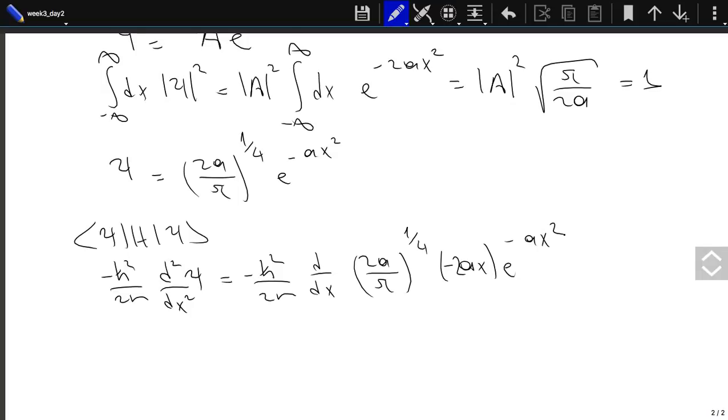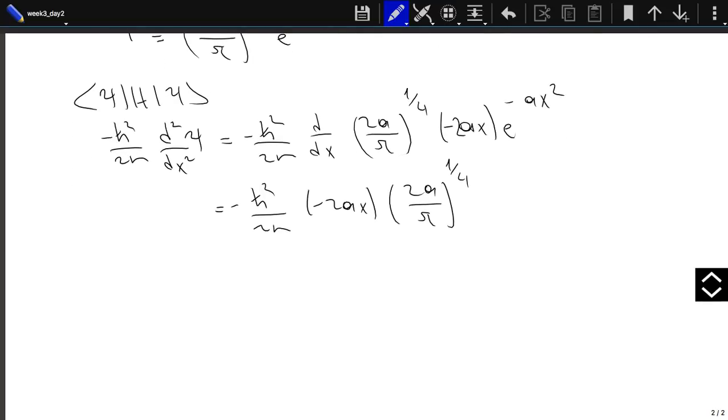This is the first derivative. Let's take the derivative once more. This will be minus h bar squared over 2m times (2a over pi) raised to the power 1/4, and that x is over here, so we have e to the power minus a x squared plus x times minus 2ax e to the power minus a x squared. Can you see it? Right.